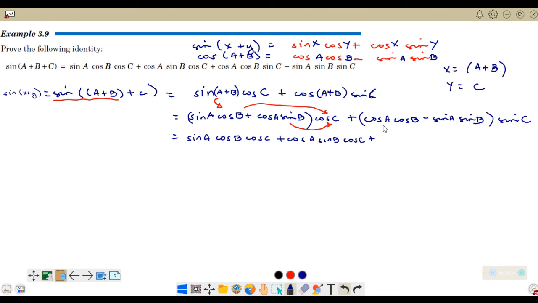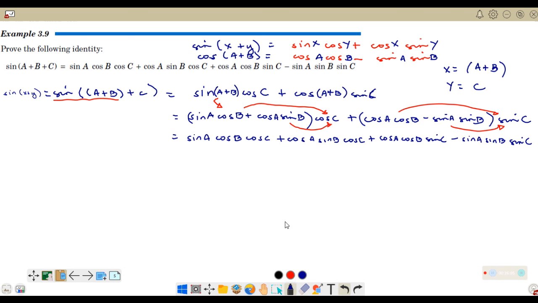Finally, we have here cosine A, cosine B, multiply din natin siya kay sine C. Cos A, cos B, sine C. And then, itong dulo, we have sine A, sine B, sine C. Multiply lang natin sila. Minus sine A, sine B, sine C. Okay? So, ito na yun.